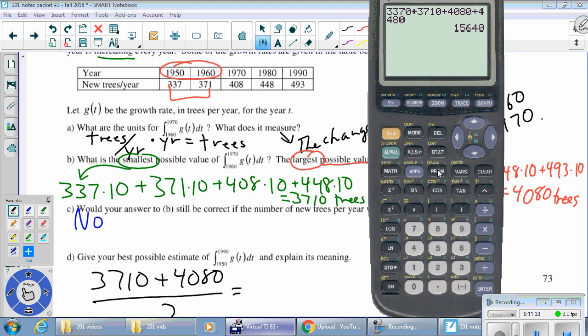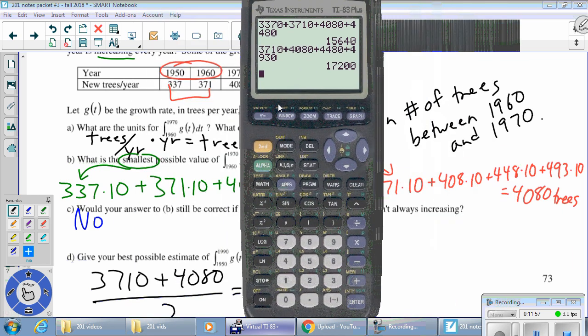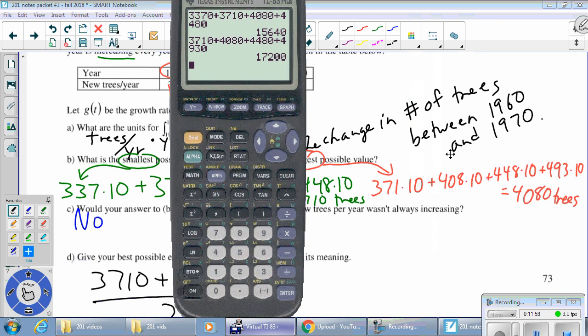Okay, 15,640 is an underestimate for part D. And then we'll do the thing over here with red. 3710 plus 4080 plus 4480 plus 4930. Some of you smarty pants might recognize there's a lot of overlap between these numbers, and so maybe you could subtract a single number from this and add in a single number to get this. I'm not that smart. I've been in this room for like 7 hours straight, lecturing to an empty classroom.